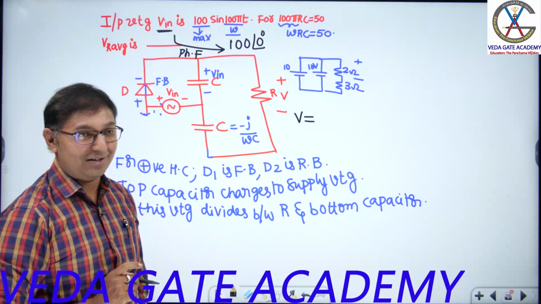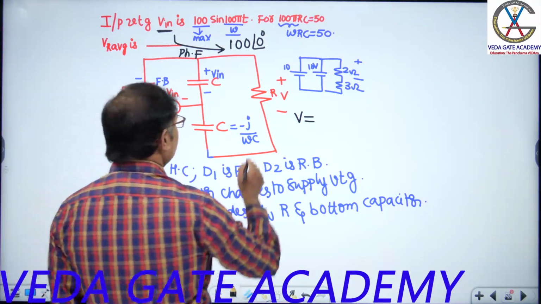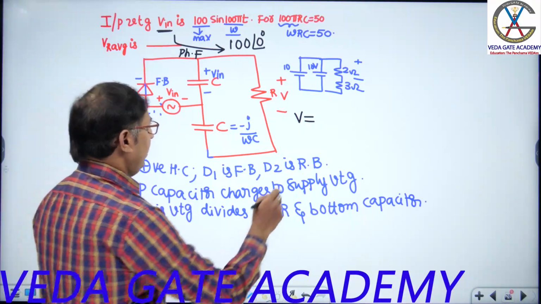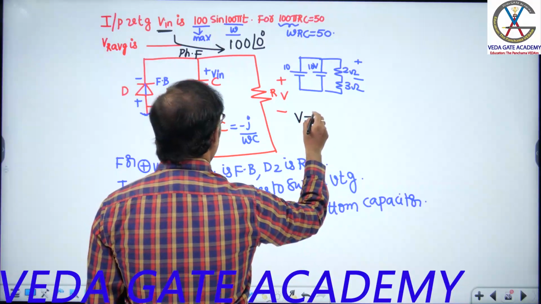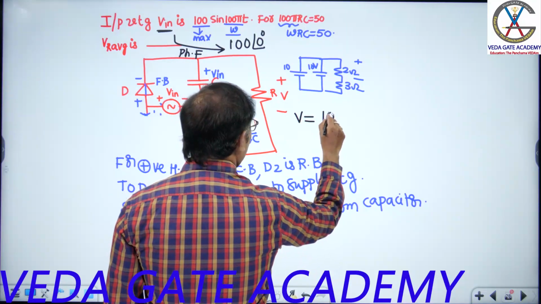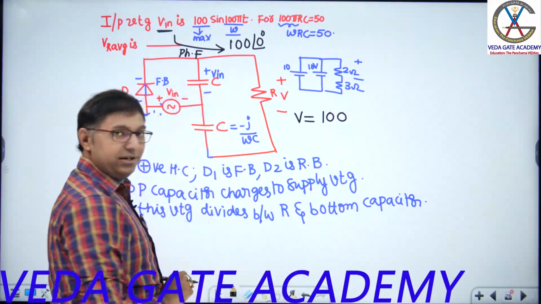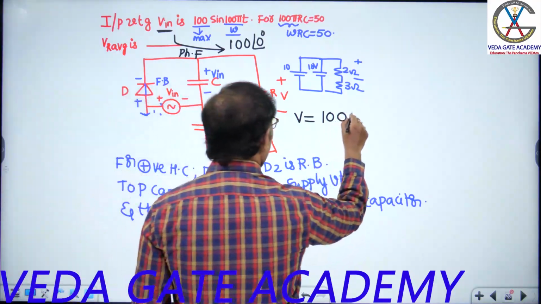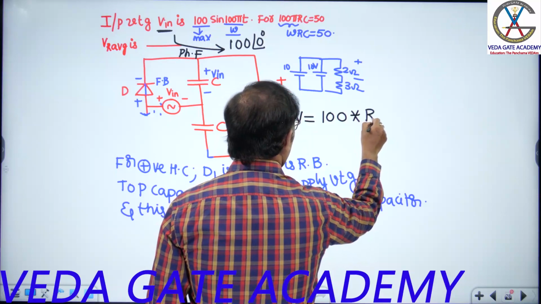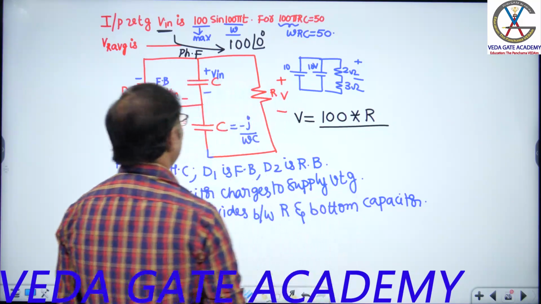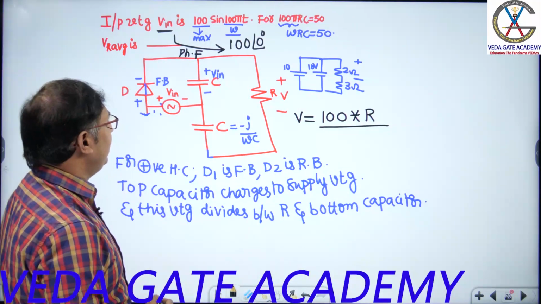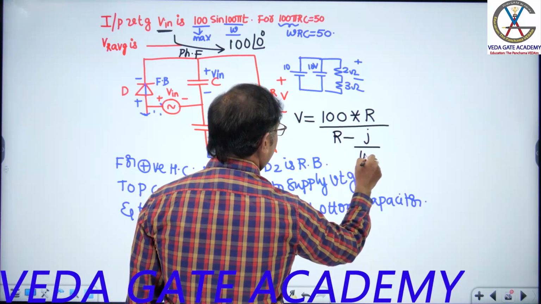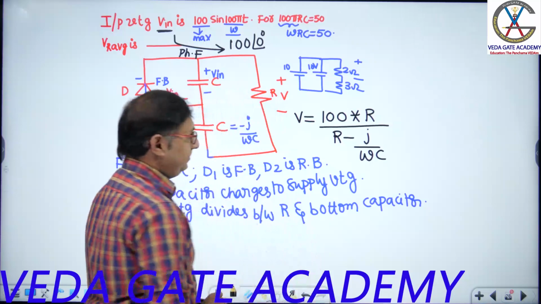Next, minus j by omega C. Voltage V equals 100 into the RC divider: resistance R by total resistance R minus j by omega C.